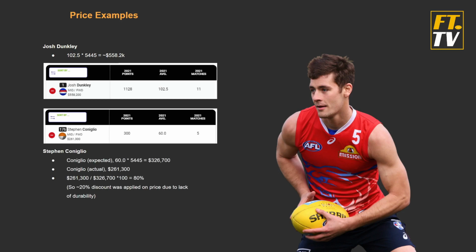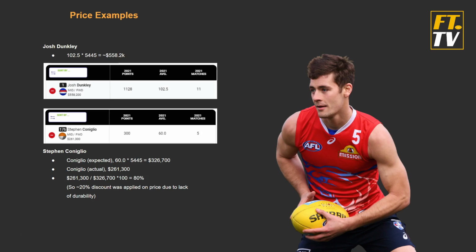So for an example, with Cogs here, we would expect his price to be his average of 60 times the magic number, once again, of 5,445, which should give a price in the low 300,000 range. Instead, his actual price is 261,300. And we can back solve this a couple of ways to figure out exactly what the discount was.